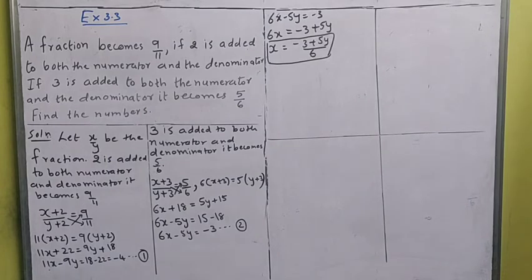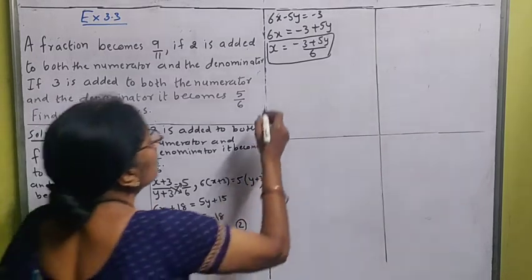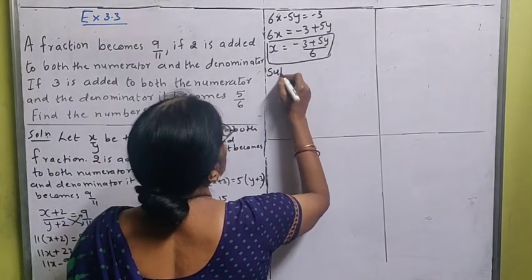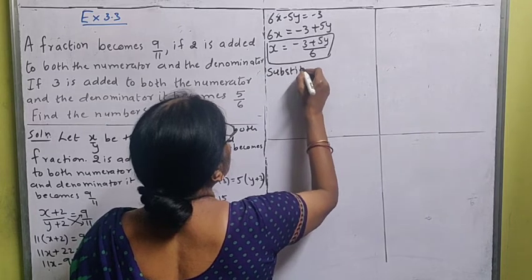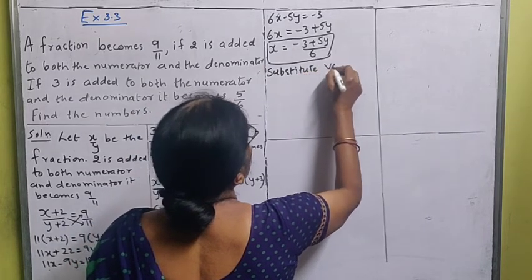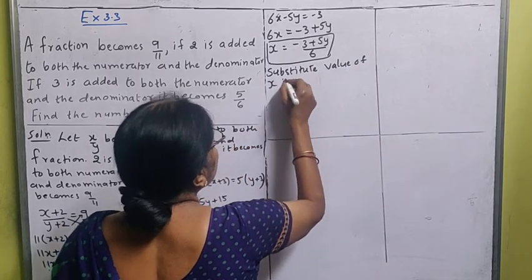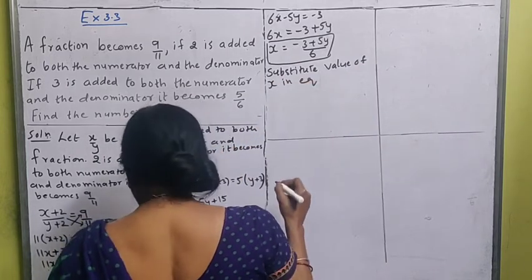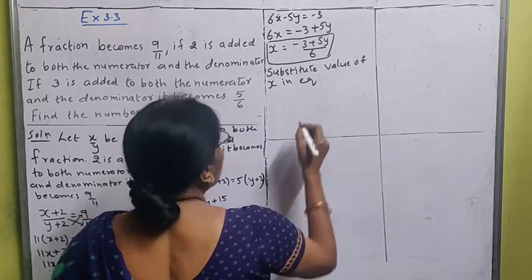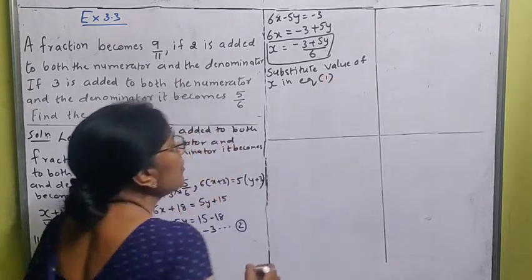Now what we have to do? We are going to substitute this value of x in which equation? Equation 2 we took, so we are going to substitute the value of x in equation 1.